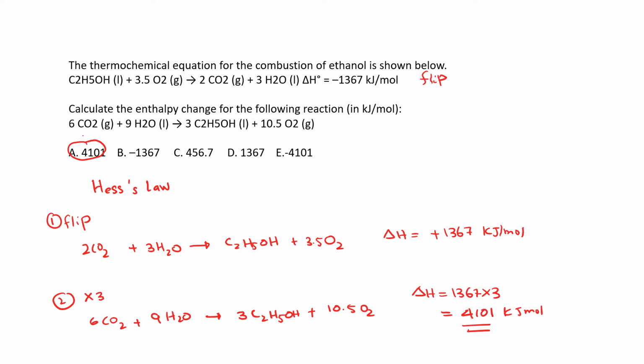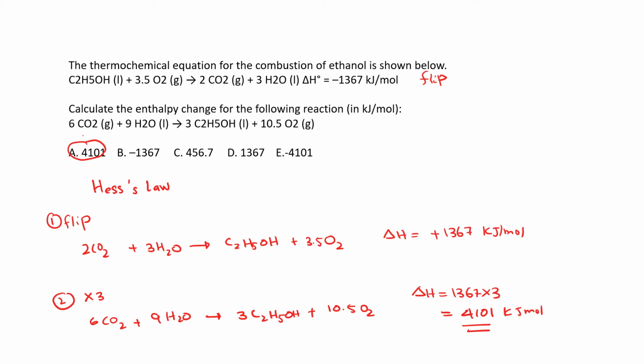First thing you are going to do, flip this reaction. In that way, you are going to get carbon dioxide and water on your reactant side. If you flip the reaction, you have to flip your sign for the delta H as well. So it is plus now.